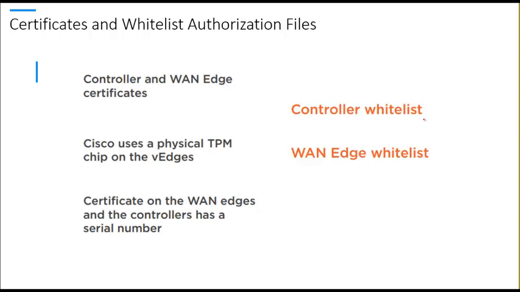So before controllers can be operational in the SD-WAN overlay, each controller must have both a root certificate plus the controller certificate, which is signed and installed. If you are from a security background, you will know what a root certificate is.